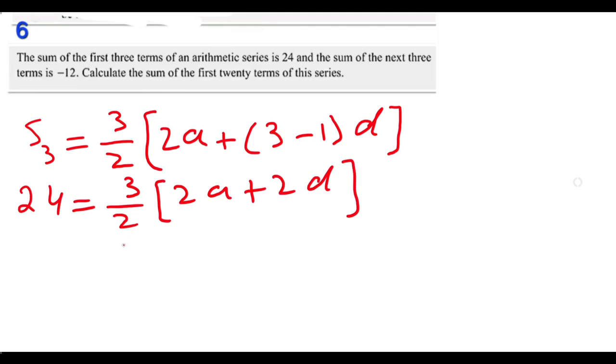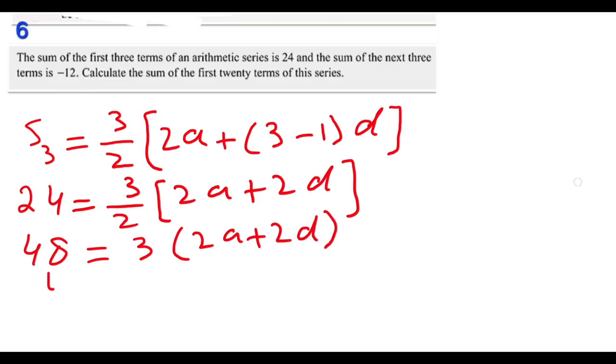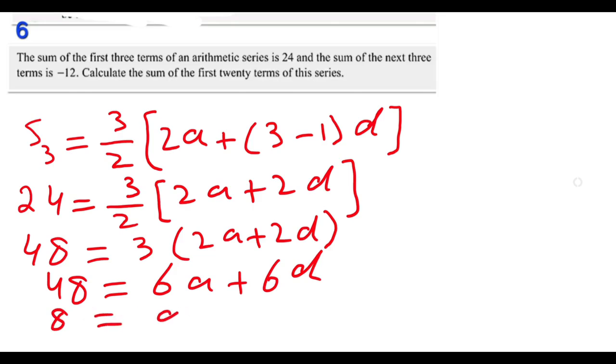Now I'm going to multiply by 2 to clear the fraction. So 48 is equal to 3 times 2a plus 2d. 48 is equal to 3 multiply inside becomes 6a plus 6d. Divide by 6 gives me 8 is equal to a plus d. This is my equation number 1.